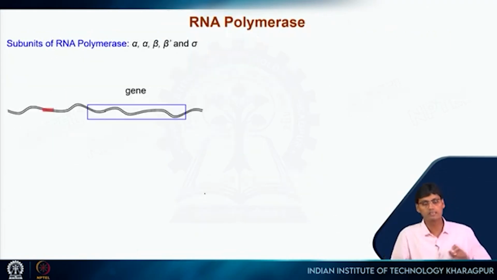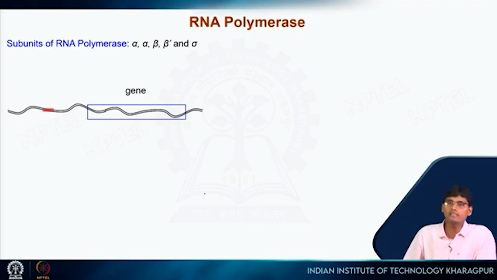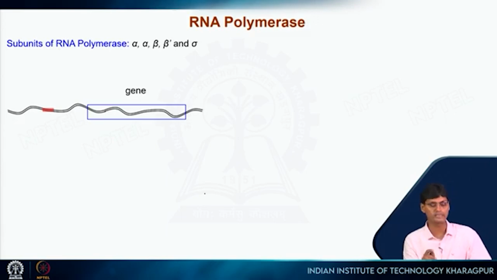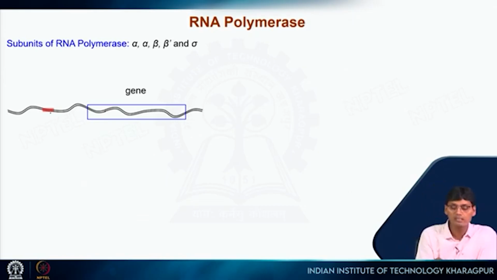The next thing I want to discuss is RNA polymerase. I just mentioned that the promoter sequence invites RNA polymerase to the site of the gene, or just the starting point of the gene. So as you can see, this is the promoter sequence, and here is the RNA polymerase.